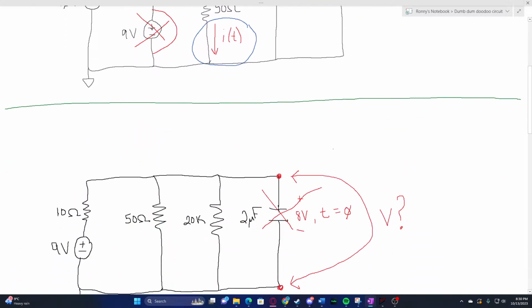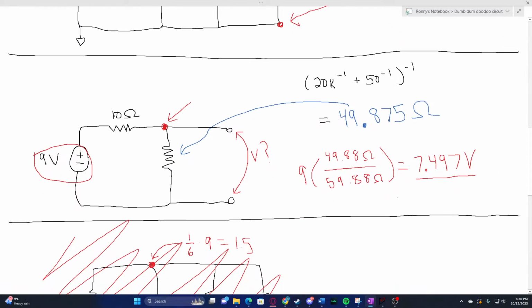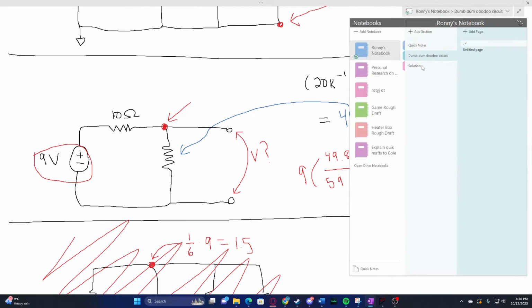So let me look. Did I write down the voltage that I got? I got about 7.497, right? Or did I round that? Pretty sure I rounded that. What did I say specifically? I said 7.49688.